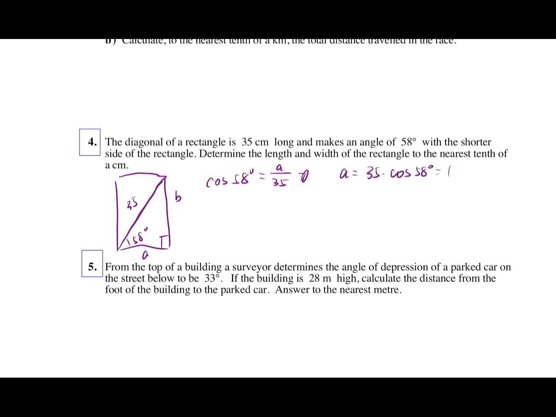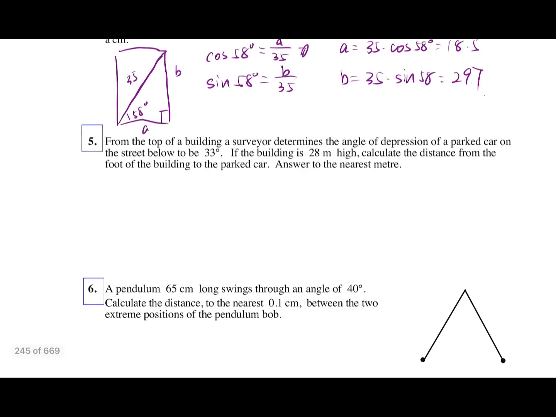And for B we can use sine 58 equals opposite divided by hypotenuse, so B equals 35 times sine 58, so it equals 29.7.